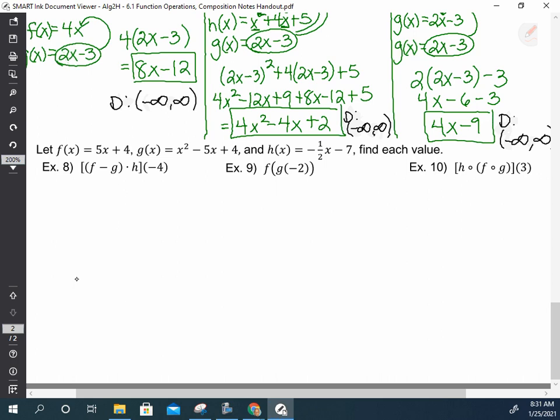Again, they give you three new functions, one for f of x, one for g of x, one for h of x. So it is vitally important that you pay attention to what you are doing in the problem, that you read the directions and that you do not rush through the problem.